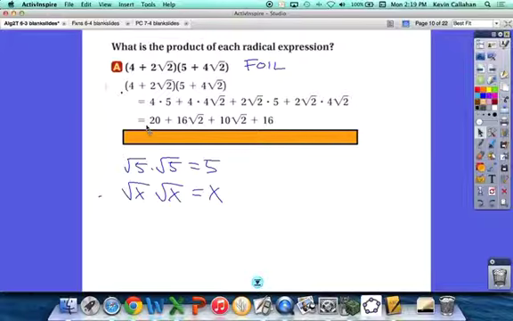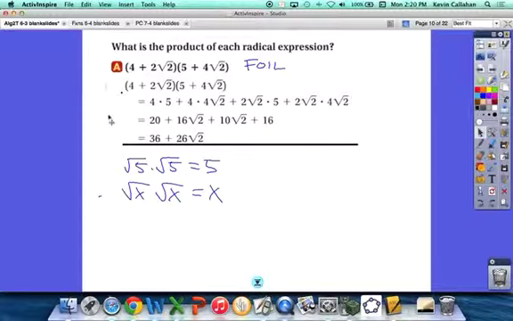And then you've still got the numbers that don't include radicals, 20 plus 16, which is 36. So they had to show us how you add and subtract radicals so that we'd be able to do this kind of thing.